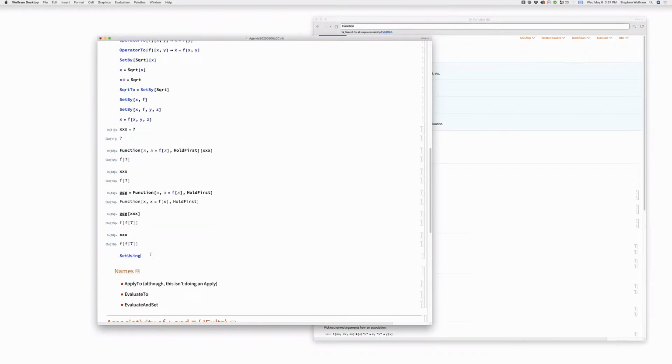Set with, set by, set after, set using. I guess set by is consistent with, well, no, it's the opposite sense, right? We have divide by, so in that sense it's hopelessly reversing it.